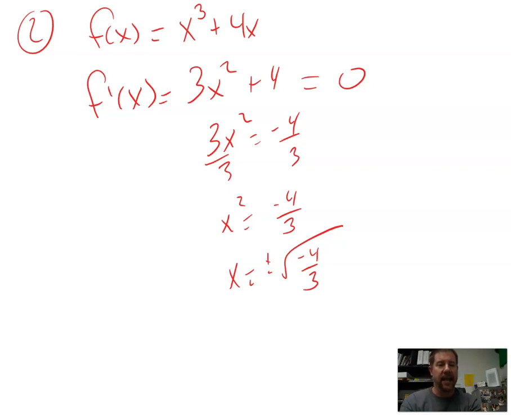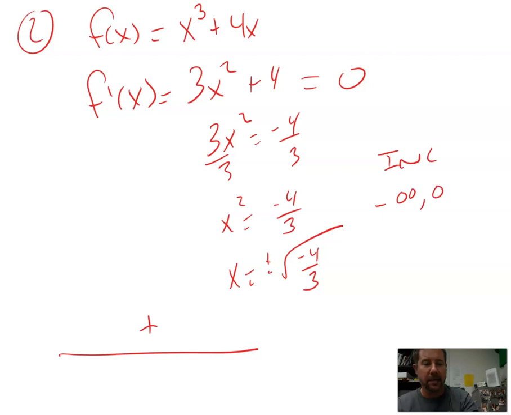That means this is going to be the same all the time. If I look at 3x squared plus 4, we get no critical values. 3x squared plus 4 is always going to be positive, which tells me that this function is always going to be increasing. So this would be increasing from -infinity to infinity.